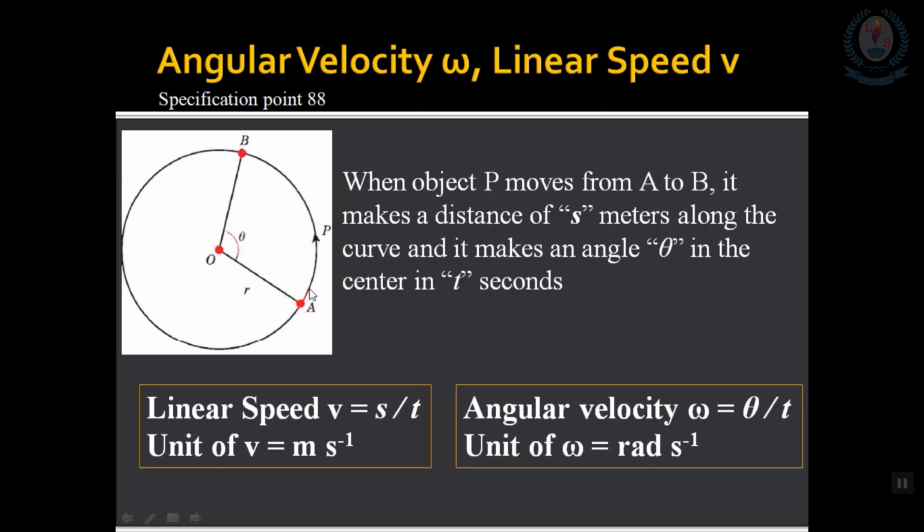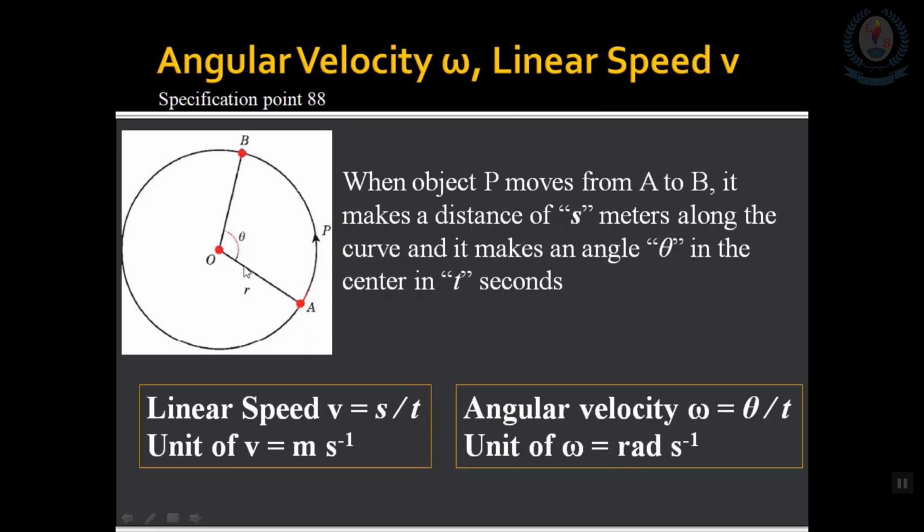So we call this distance s along the curve. It makes an angle theta degrees in the center. And let's say that it takes a time of t seconds. So the normal way is we can find the speed by the distance s divided by time taken t.